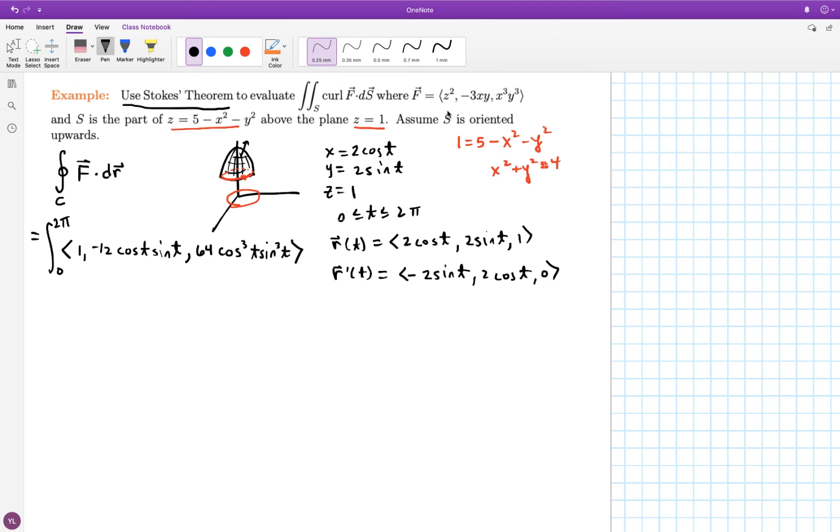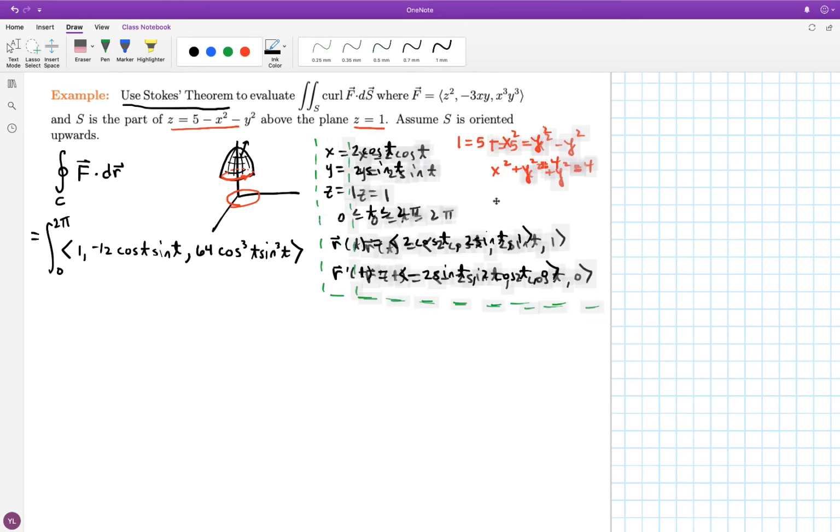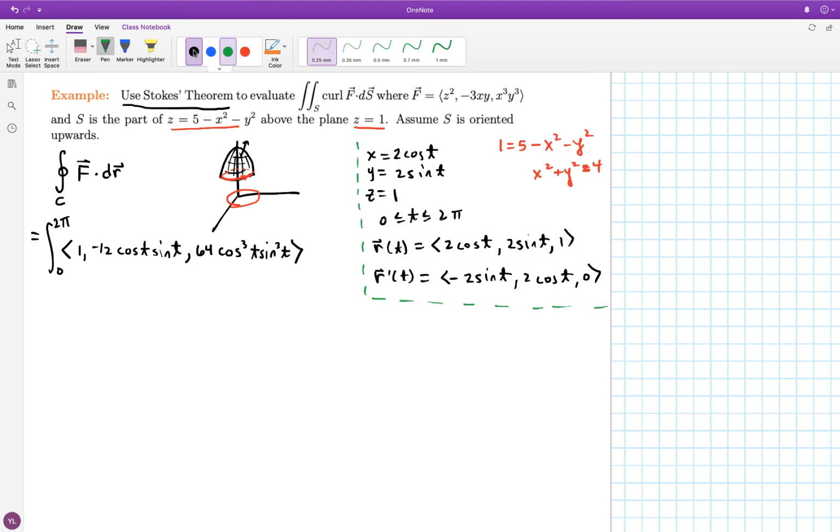Okay, there's f evaluated at the parameterization, and then I dot this with r prime. All right, and here's my integral in t to evaluate.